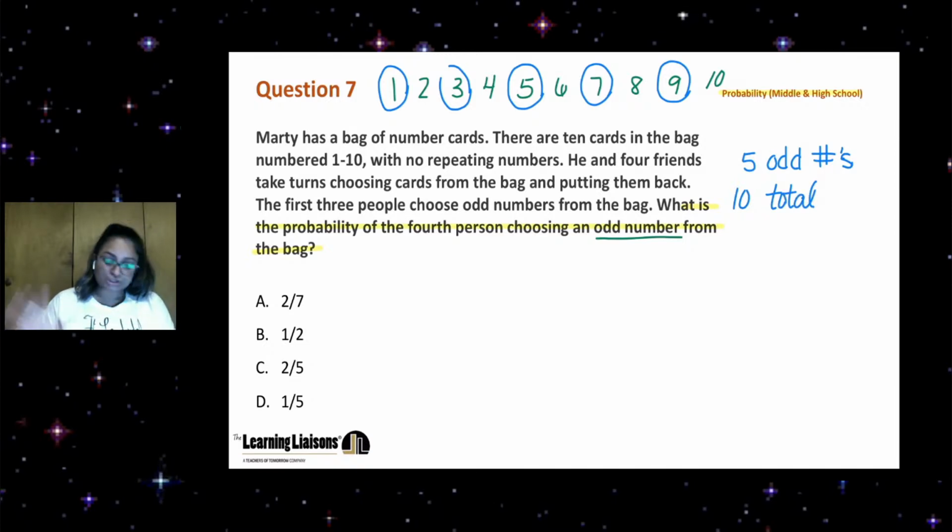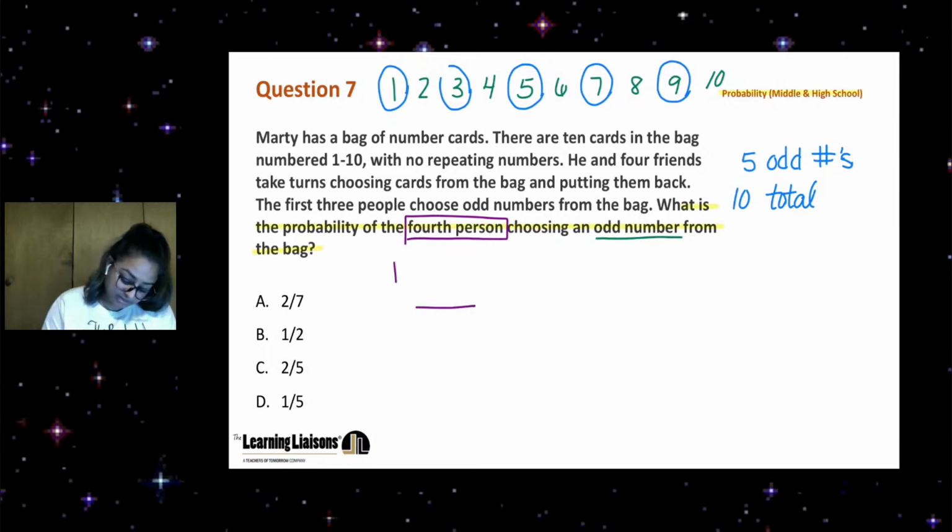So anytime we're picking things out and putting them back, we always have to ask ourselves, how many times are we doing this? We're asking just about the 4th person, so we're only doing this once. We're only looking at that person at this particular moment in time. So our fraction is going to be the type of number we're looking for over the total. Remember, desired over the total.